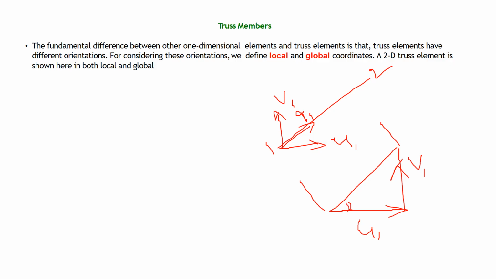Here is theta, because the member makes some angle with the horizontal. Theta is the inclination angle of this truss member. So we need to find this. Suppose we label points A, B, C. AB is the distance plus BC. The total gives q1.